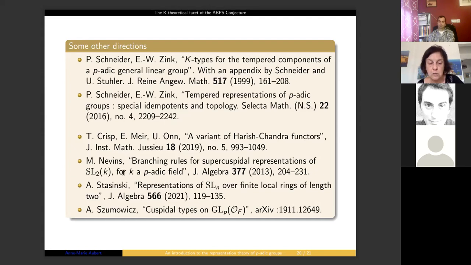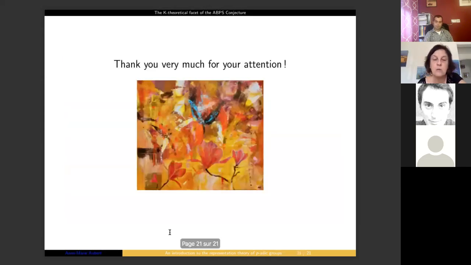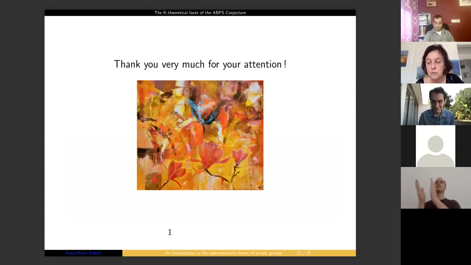I want to mention, for instance, this work by Monica Nevens in the case of supercuspidals of SL2, and also several recent works of several people in the case of typical representations, and these are also related to this question. So I will stop now. Thank you very much for your attention.